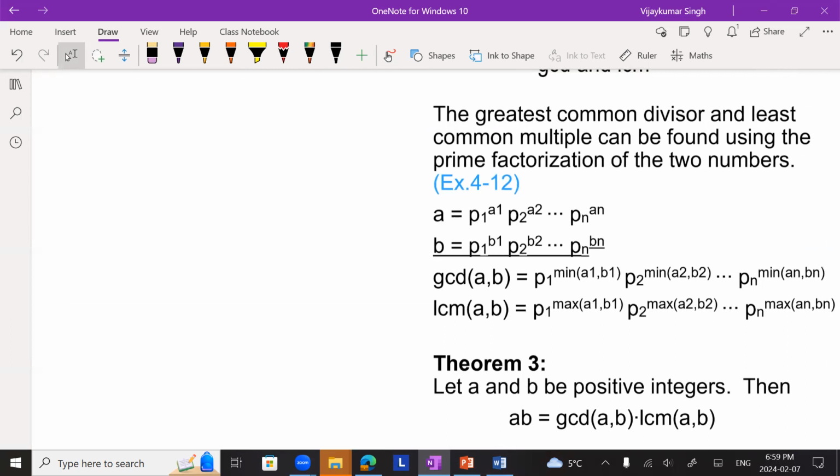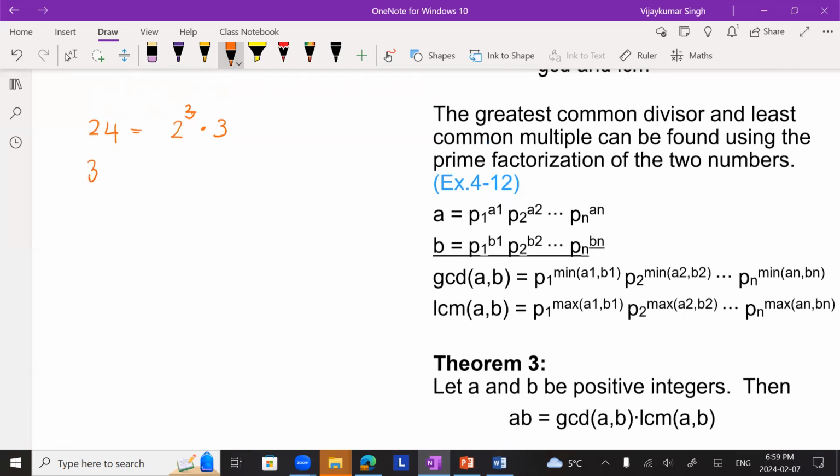The way it works is, let me just work out the example and then we can talk about it. So 24 is 2 to the power 2, which is 4, and then we have 2 to the power 3 times 3. That is 24, right?